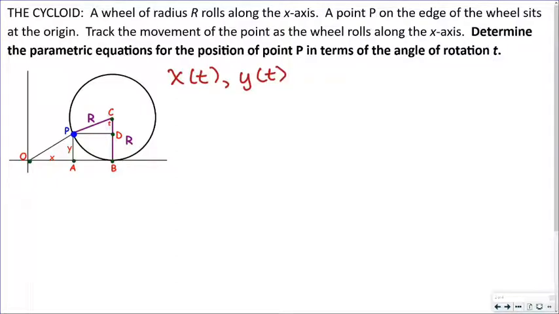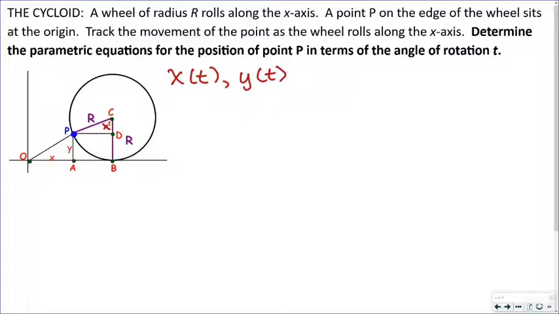X is the horizontal position of point P from the origin, y is the vertical position of point P from the origin, and t, you can see I have t labeled in the center of the wheel here, would be the rotation of the wheel in radians starting from the starting point, from the origin.